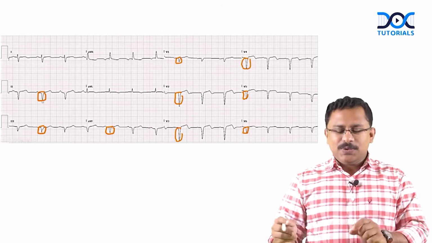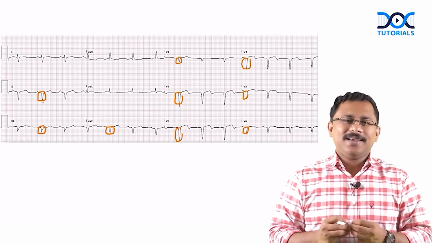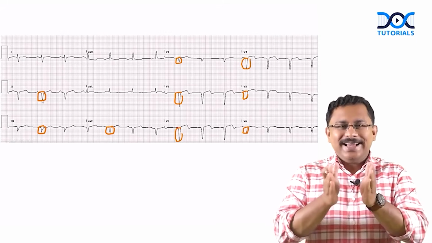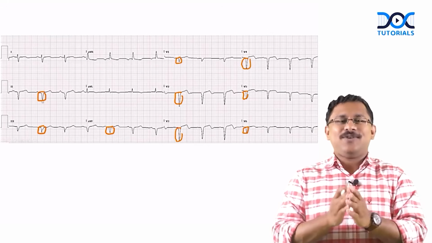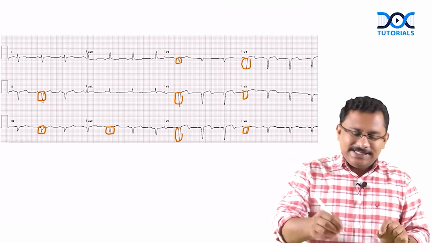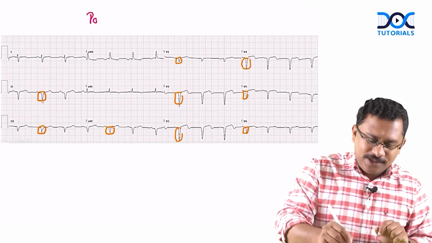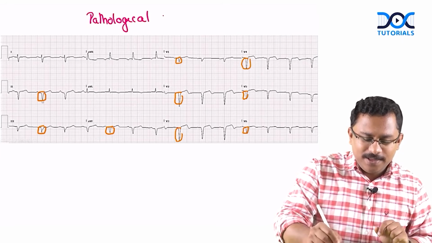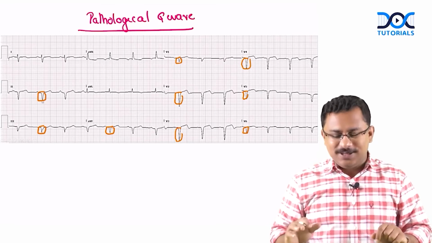So it is again an indirect indicator that you have to have a good look at the ECG to determine whether this is a pathology Q wave or a normal Q wave. This definitely is a pathology Q wave. So you have to look at the ECG closely to make a comment whether it is a normal Q wave or a pathology Q wave.